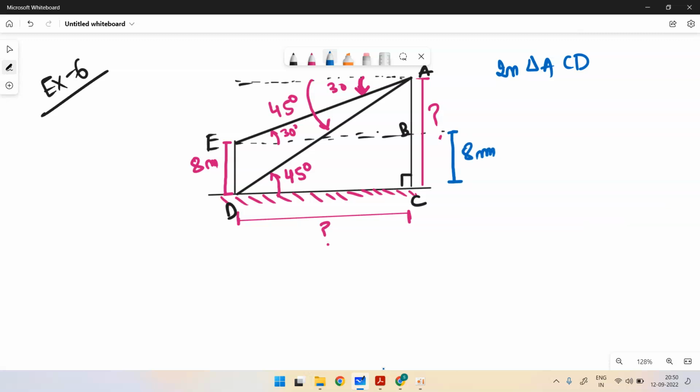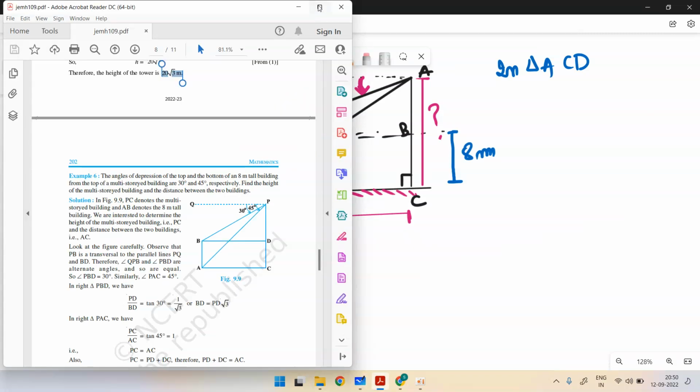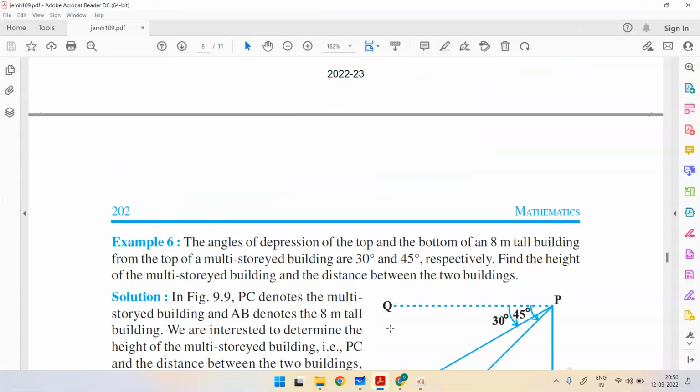This is already given, and this is 30 degree. So this is 8 meters, and this is 30 degree and 45.